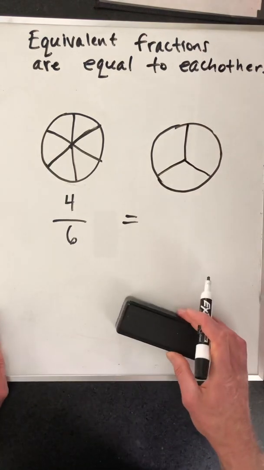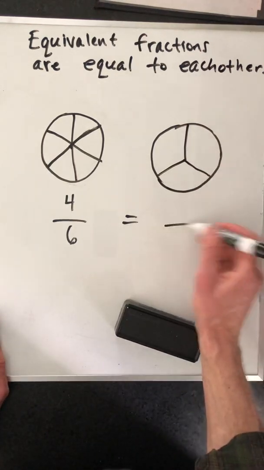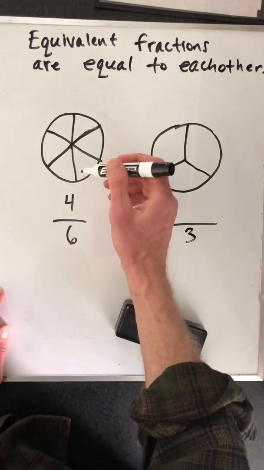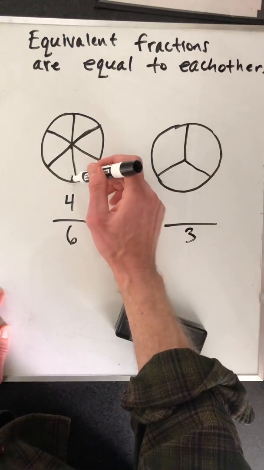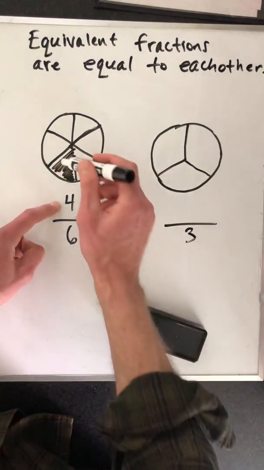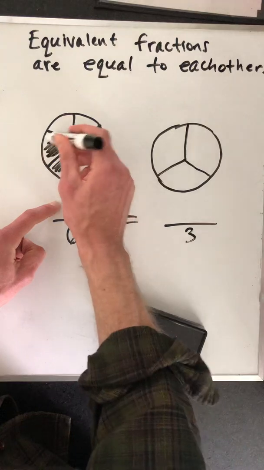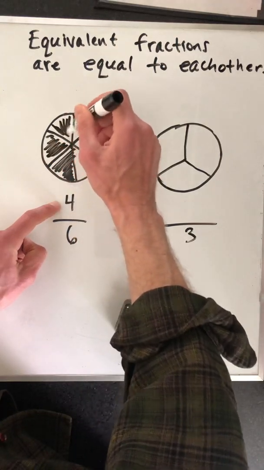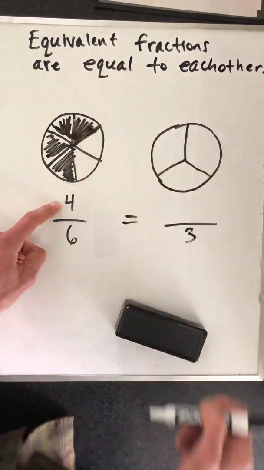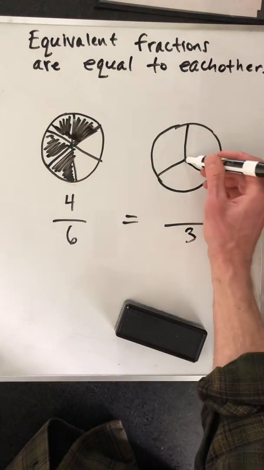I know that's going to be in thirds because it's in 3 pieces, right? So I color this one in. 4/6. How many sixths do I have? I got 4. 1, 2, 3, 4. 4/6.